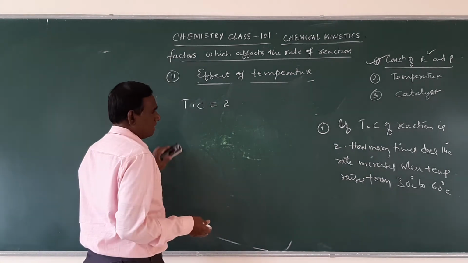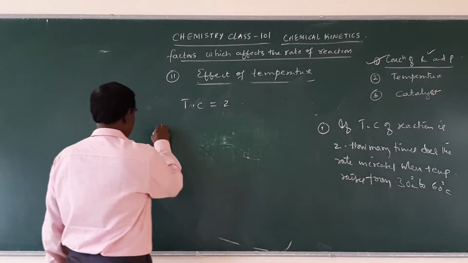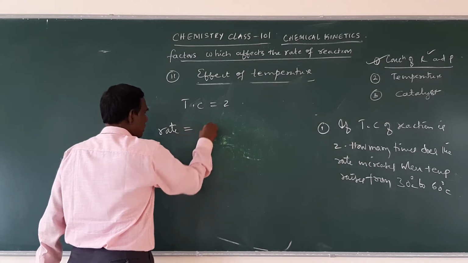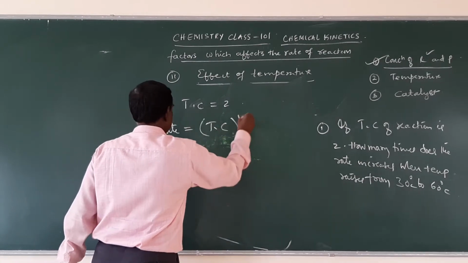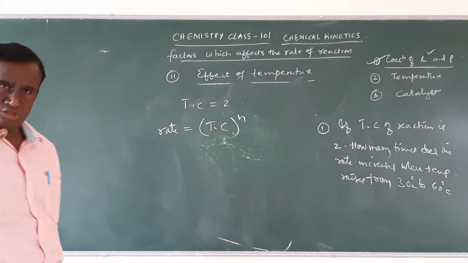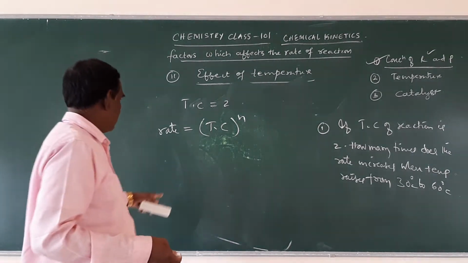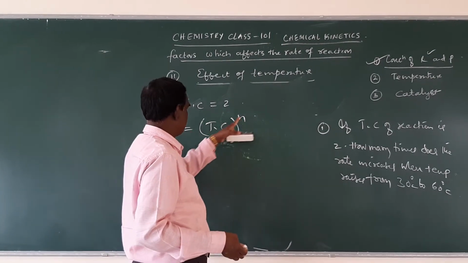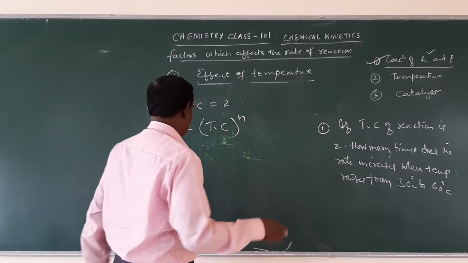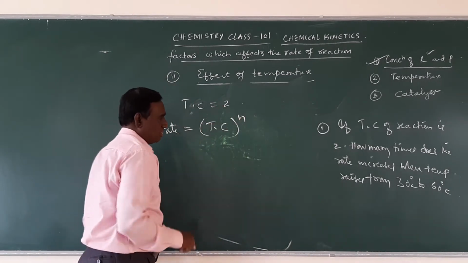Therefore, the rate of a chemical reaction can also be calculated by the equation rate is equal to Tc to the power of n. What is n? Tc is equal to 2, you know that.